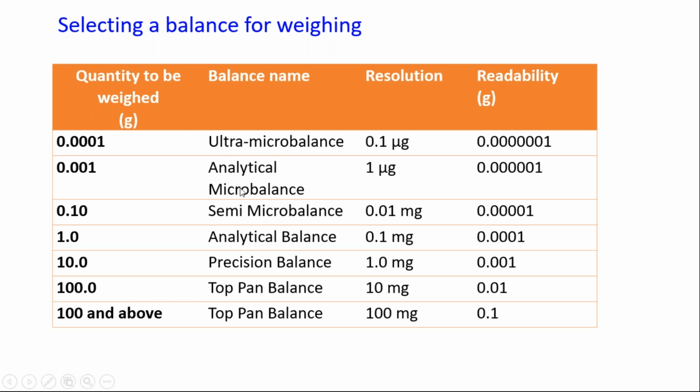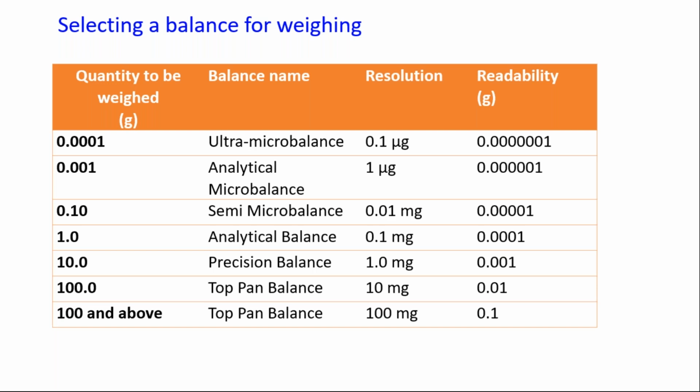So the top three come in the micro analytical balances. These two come under the analytical balance, and this comes under the top balance. You will see the readability of the balance itself will give you the sensitivity of the balance, and from the readability, you will know for which the balance has to be used.